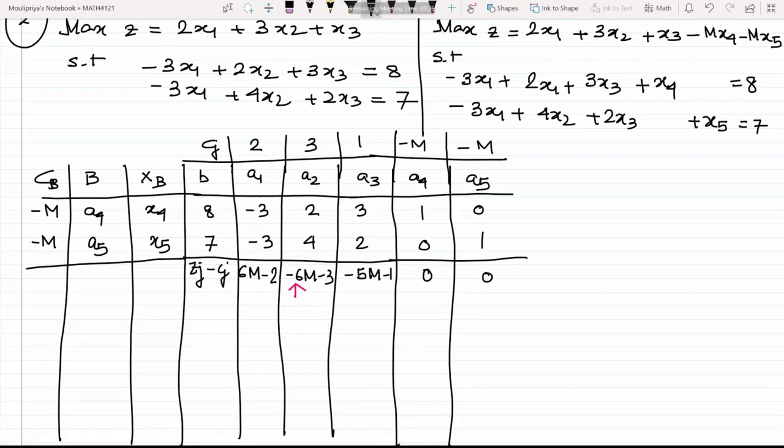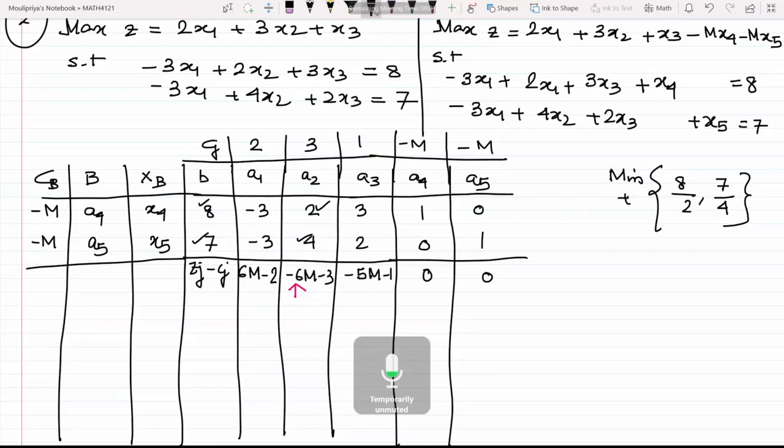And how to decide on the departing vector? We find the minimum positive ratio among 8/2 and 7/4. That means this element by this element and this element by this element. So which one is giving us the minimum ratio? Of course, 7/4, correct.